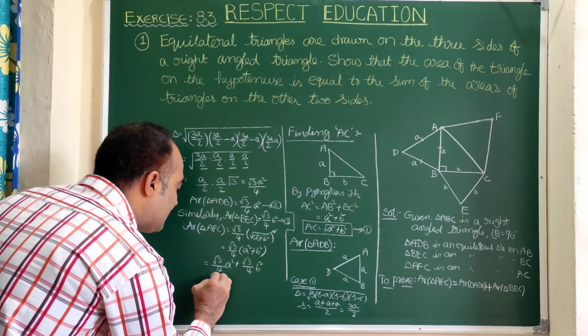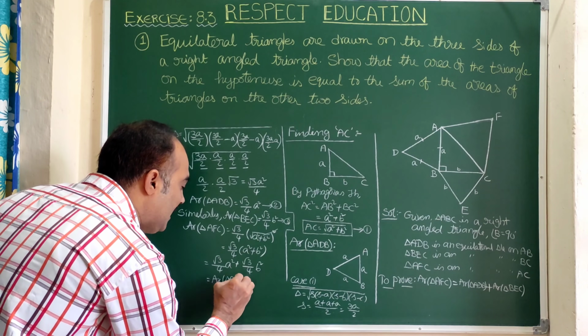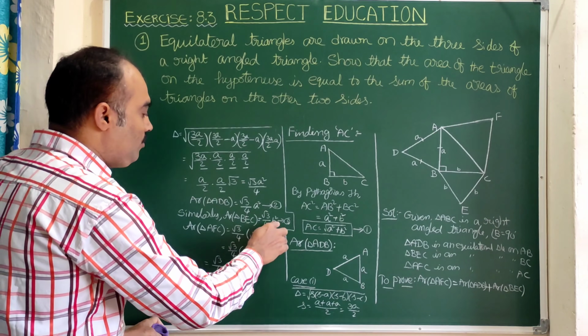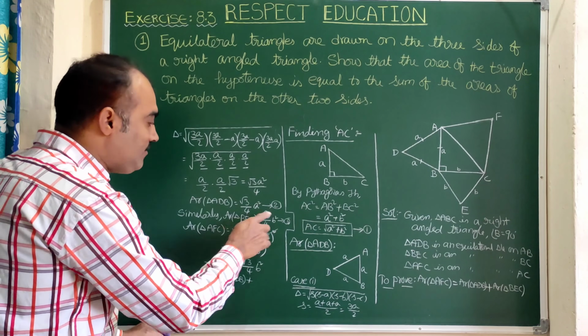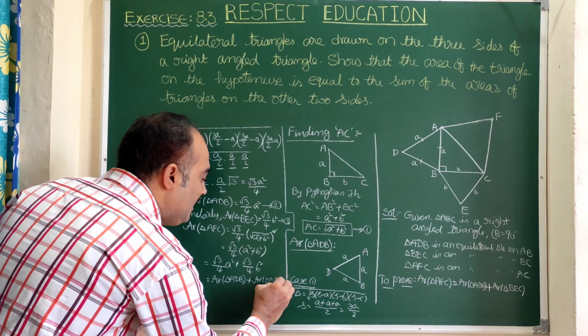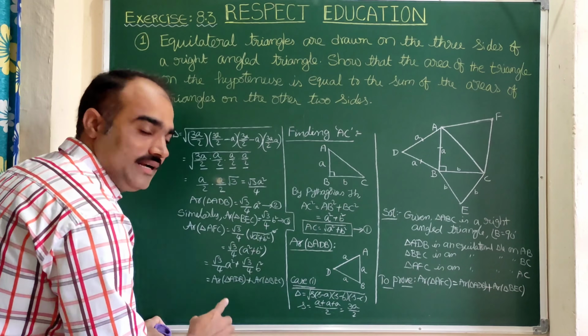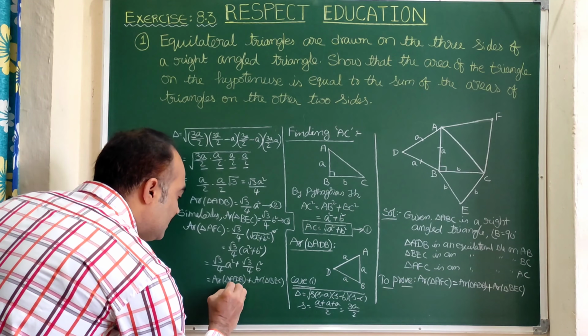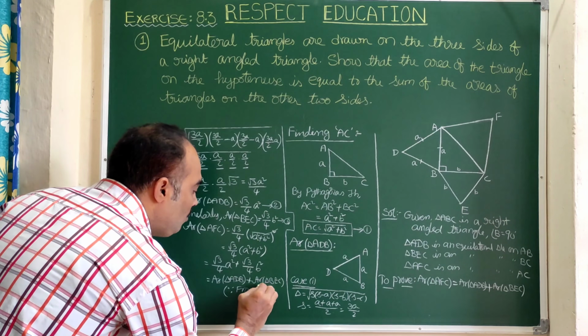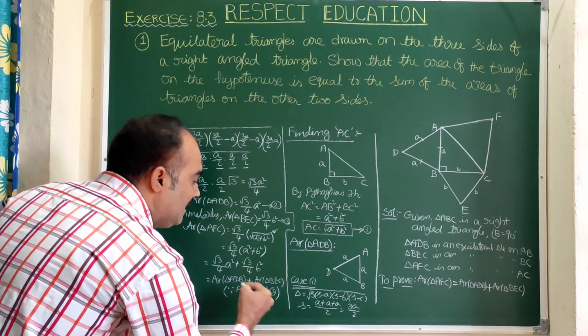And root 3 by 4 B square is nothing but the area of triangle BEC from equation 3.